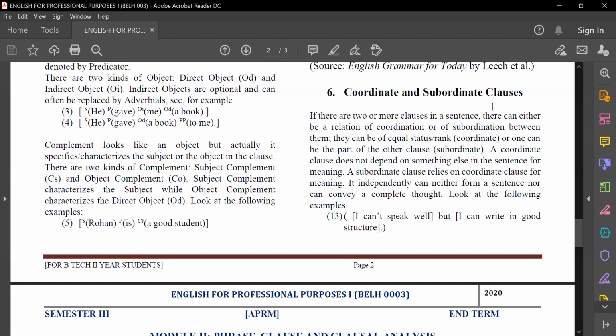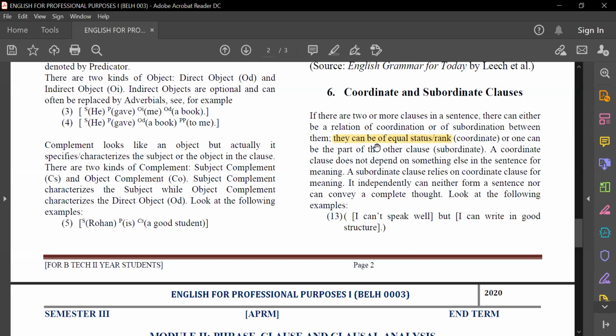having a coordination. Coordination, as you see, means the clauses can be of equal status. That means the independent clauses have that potential which can sustain independently, right? Whereas when we talk about subordination, one can be the part of the other clause, right?